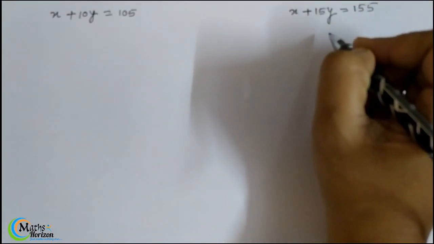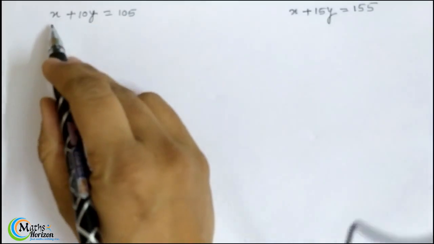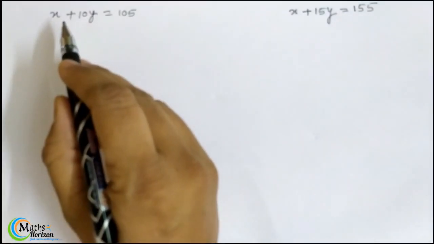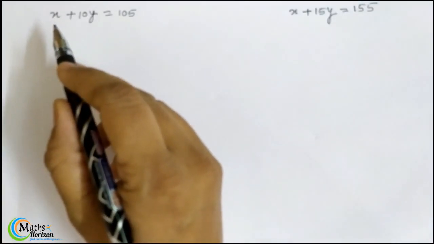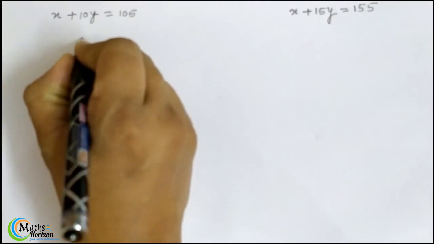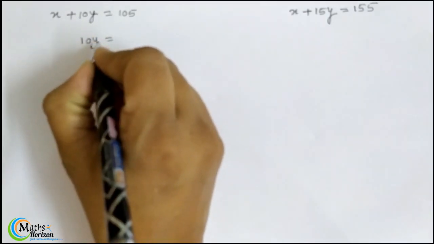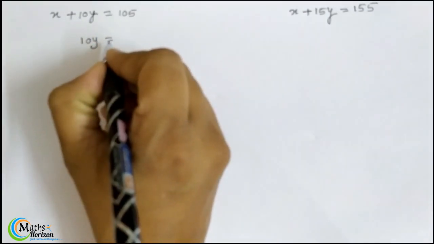Now to solve this problem graphically, we have to obtain the values for x and y. To find the x and y values, we have to write the equation with one variable in terms of the other variable.